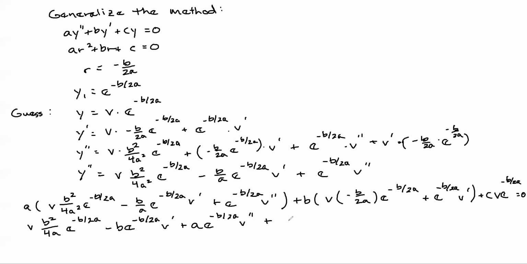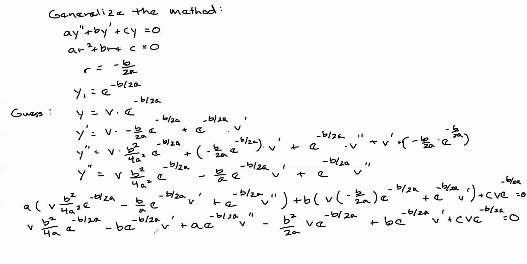That's going to be minus b squared over 2a v e to the negative b over 2a plus b e to the negative b over 2a v prime plus c v e to the negative b over 2a equals 0.